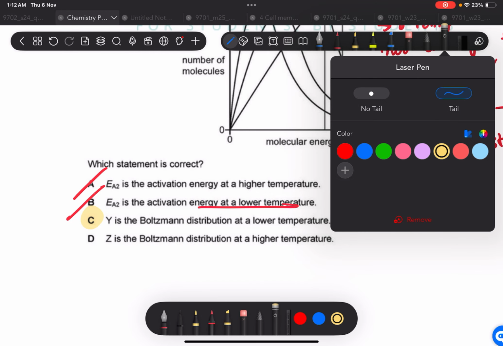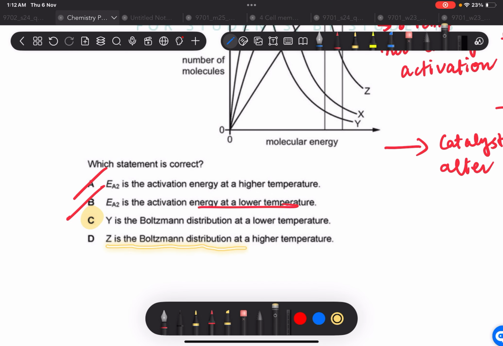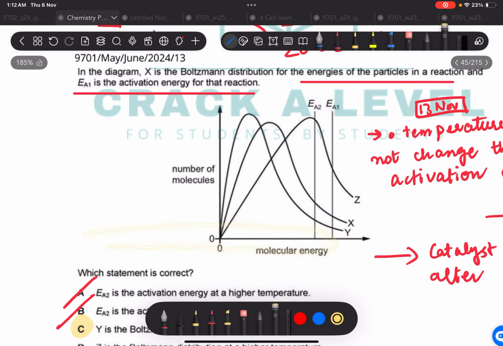Z is the Boltzmann distribution at a higher temperature. Z cannot be the Boltzmann at a higher temperature. Do you know why? There's a very big problem with it. If Z is the Boltzmann distribution at higher temperature, the level of this peak should be lower than X. X is the original, and at higher temperature it should be something like this.